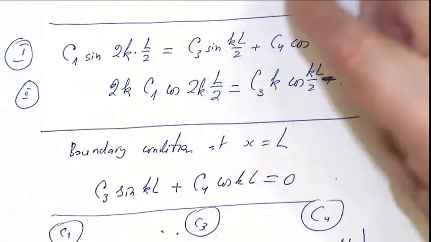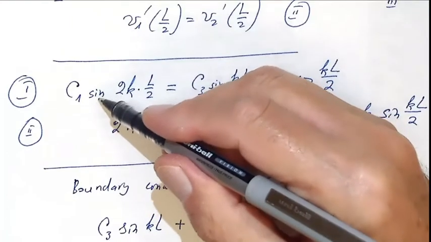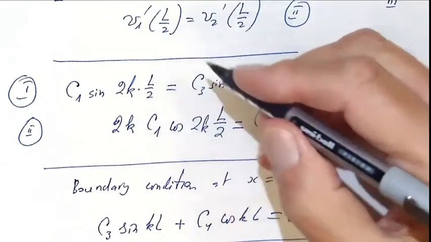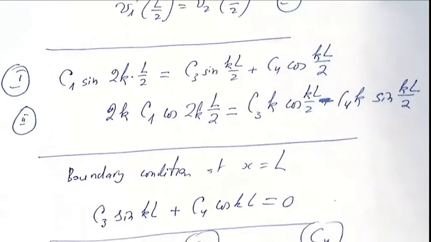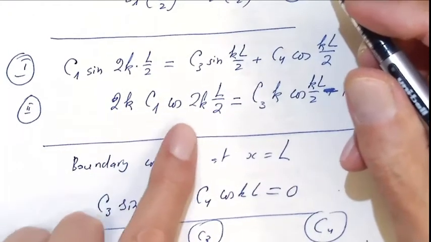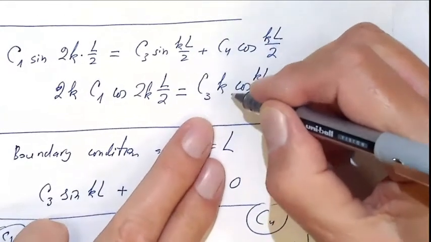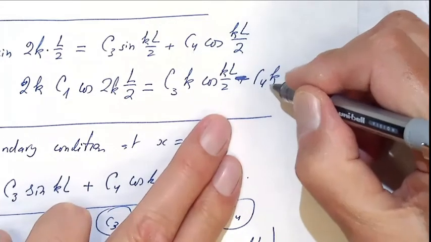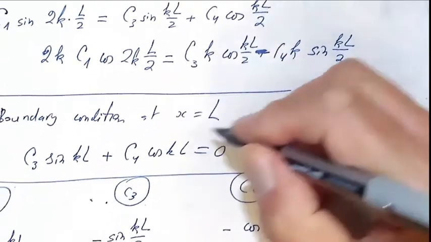Okay, so then we get, look please, C1 sine 2k L over 2 equals, and C2 is 0, plus C3 sine k L over 2 plus C4 cosine k L over 2. Now derivative. First derivative of this, 2k C1 cosine 2k L over 2 equals derivative of this, C3k cosine k L over 2, and from here, cosine will be minus sine, minus C4k sine k L over 2.